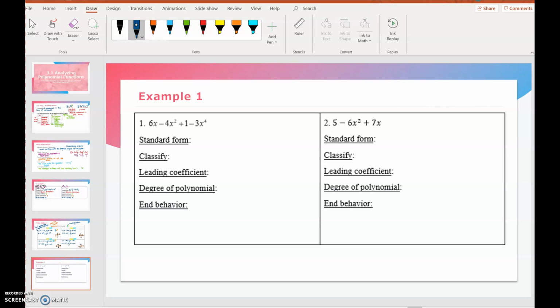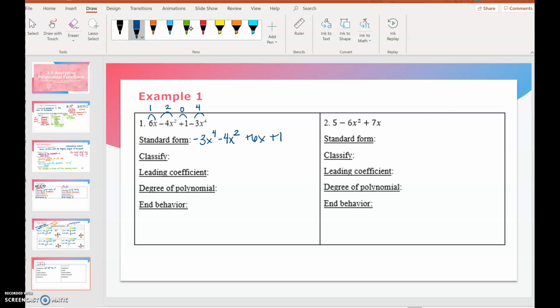All right, so for standard form, we're going to first identify all the degrees. So this one would be 1, this one is 2, this one is 0, and this one is 4. So this is going to be first -3x to the 4th, and then the next smallest one would be x to the 2nd, and then 6x, and then plus 1.